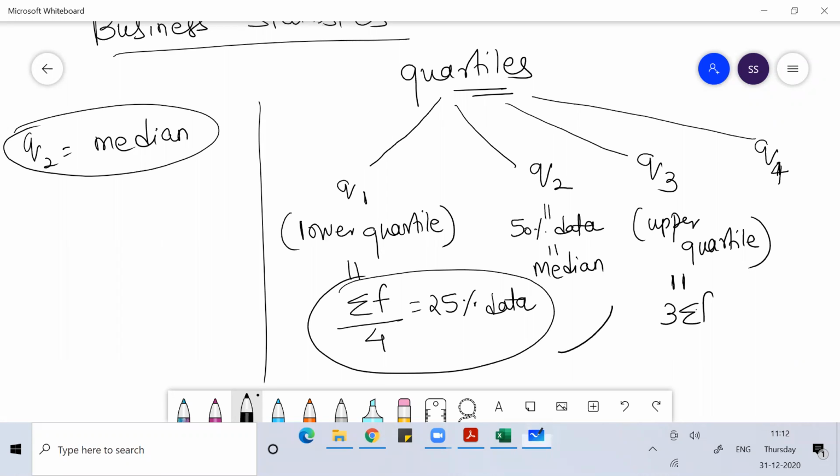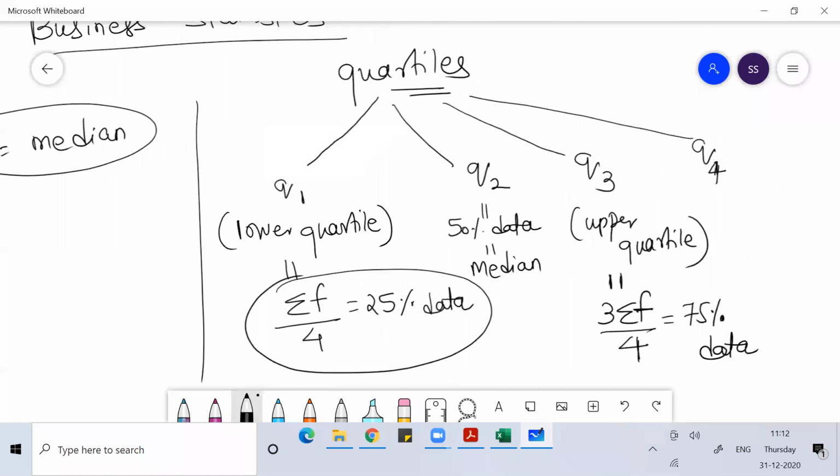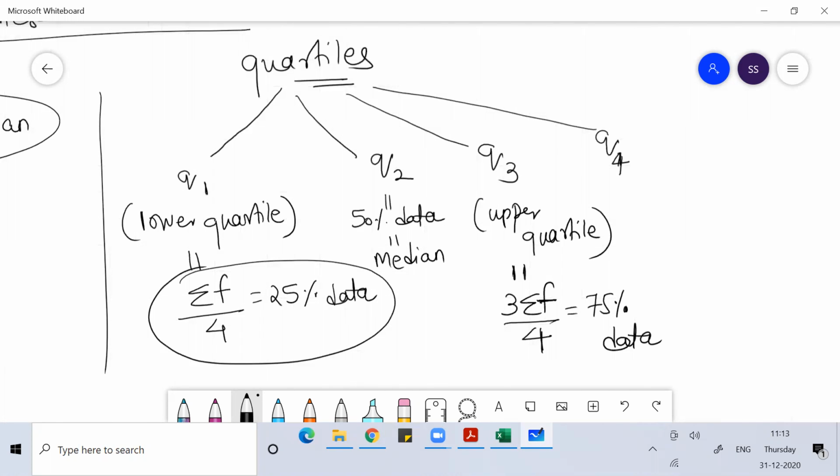So basically, when you divide the data by 4, the first 25% of the data is called lower quartile or Q1. Then the first 50% of data is called quartile 2 or median, and the first 75% of the data means upper quartile or Q3. While Q4 basically means 100% of data.